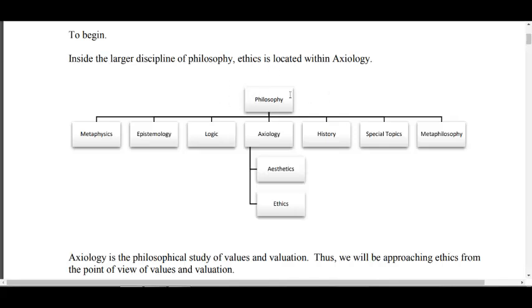just to give a person a sense, philosophy as a discipline is huge. It is as big as any other academic discipline like biology or mathematics.